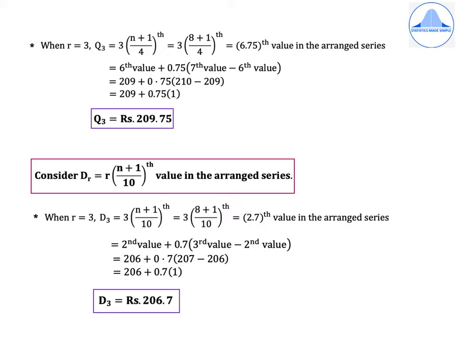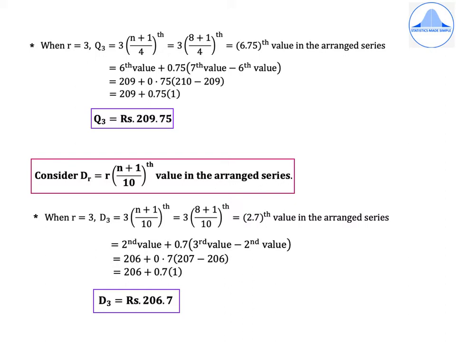On seeing the values in the ascending order series and substituting, we get 209 plus 0.75 into (210 minus 209), which is equal to 209 plus 0.75 into 1, which gives us Q3 equal to rupees 209.75.